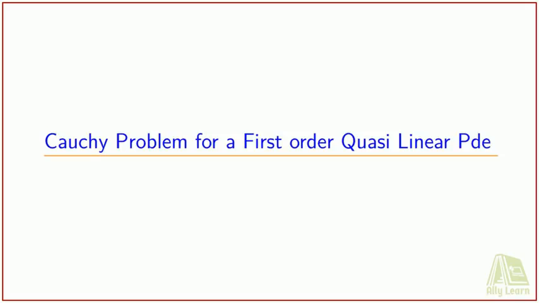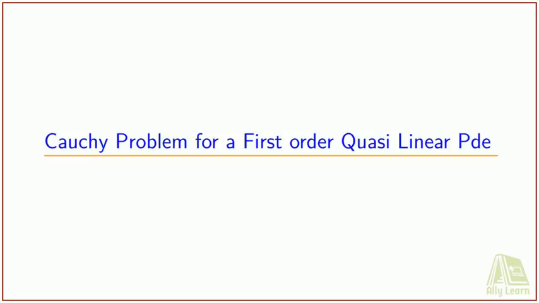So friends, let's first of all see what is a Cauchy problem. For that, just try to recall your initial value problem in ordinary differential equations. There, you used to find the solution of the ordinary differential equation, and then you had an initial value at a point.